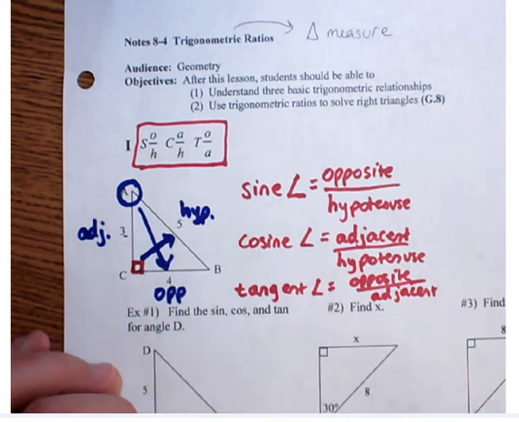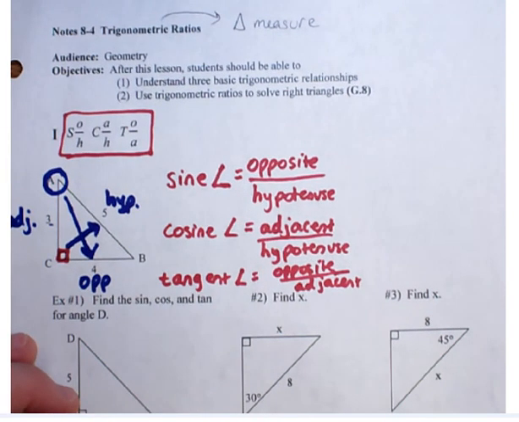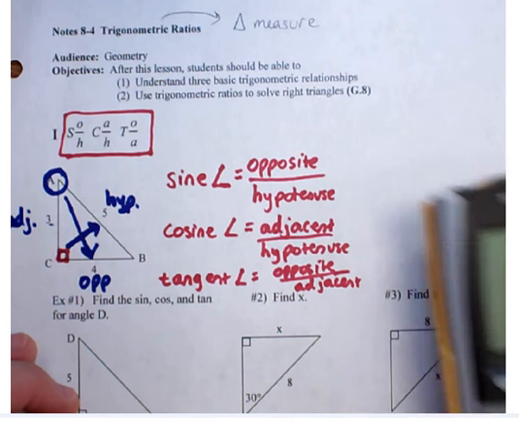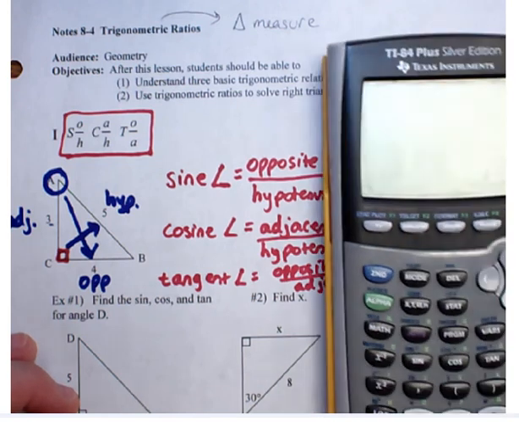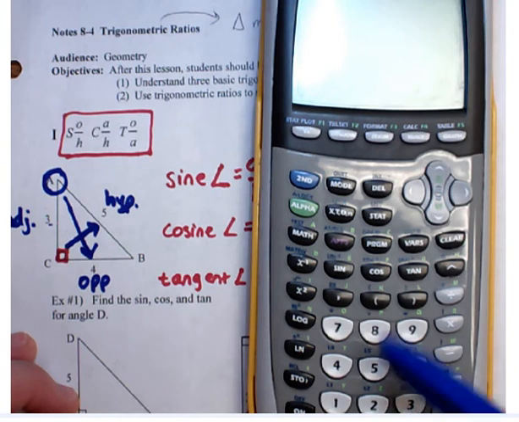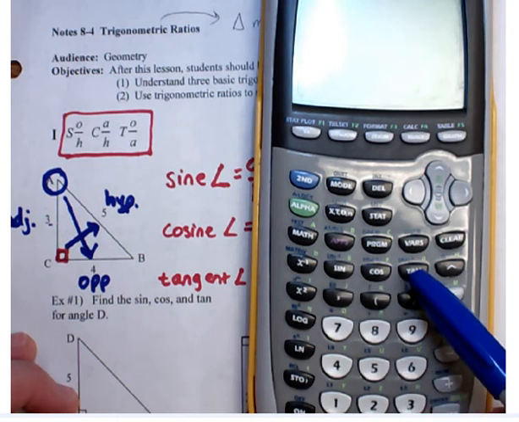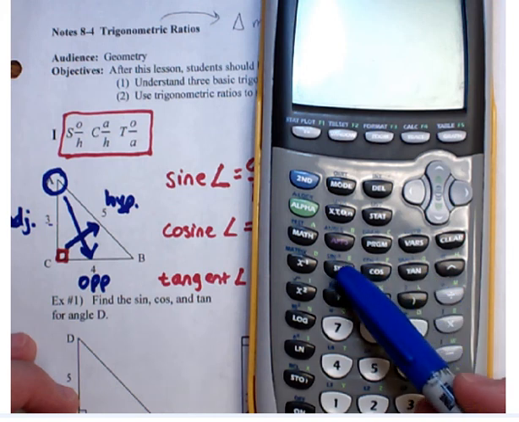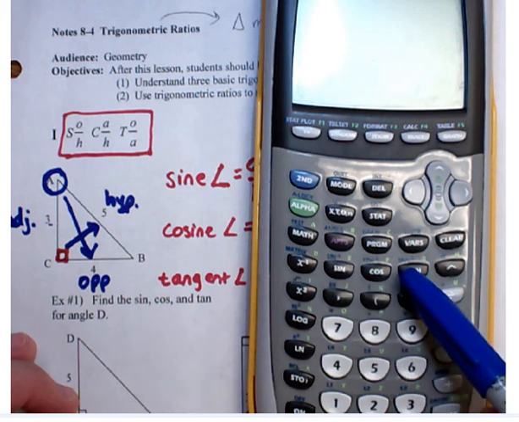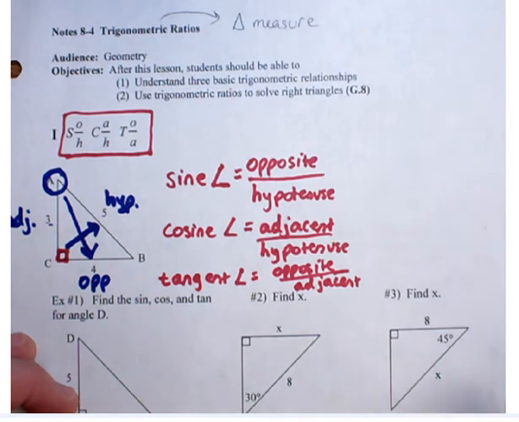Okay, so we're going to write down here on the side, when you abbreviate this, and let me show you on your calculator, you've probably seen before, sin, cos, tan. You've seen these buttons. Well, those stand for sine, cosine, and tangent, and we're going to be using those in a couple of minutes. Alright, so let's look at this here.